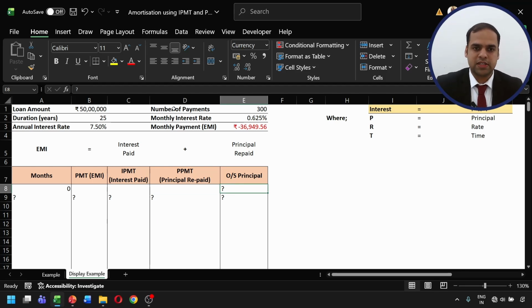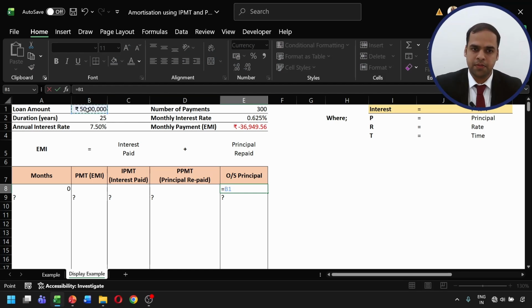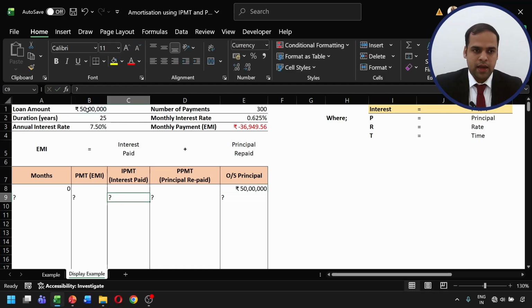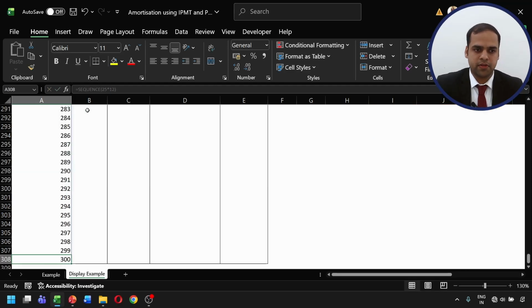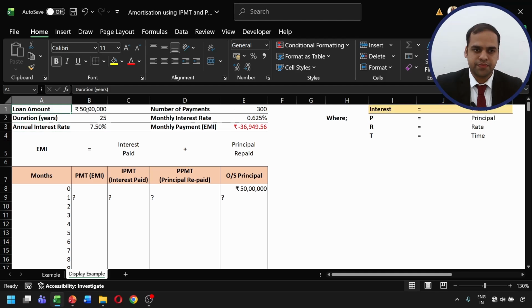Our outstanding principal at the beginning of the period, when we took the loan, is 50 lakh. For the number of months, we will use the SEQUENCE function: 25 years times 12 months in a year, so 300 payments.